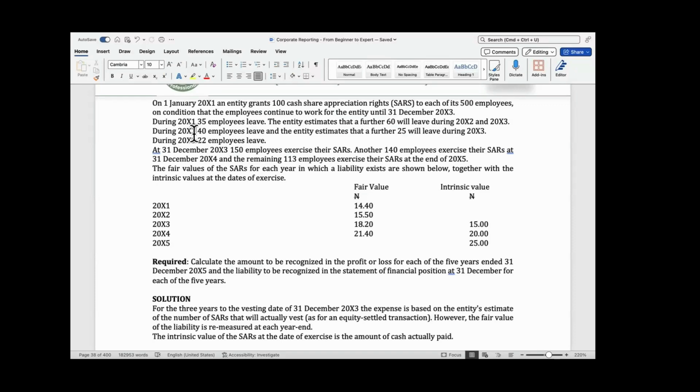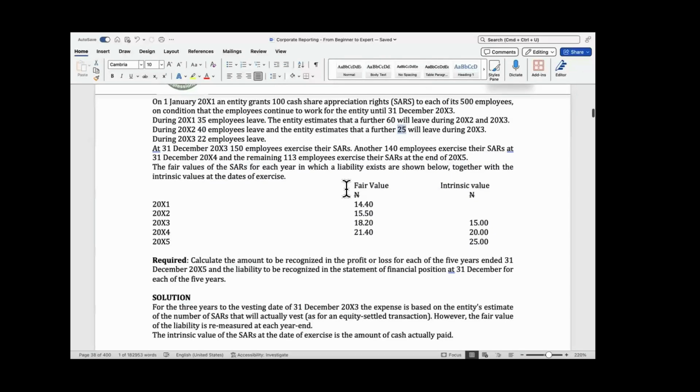Fantastic. So 35 plus 40 plus 25 is the estimate of total departure. Of course, 35 left in year 1, 40 left in year 2, and an estimate of 25 will leave in year 3. So as at year 2 now, the estimate of total departure is 100.